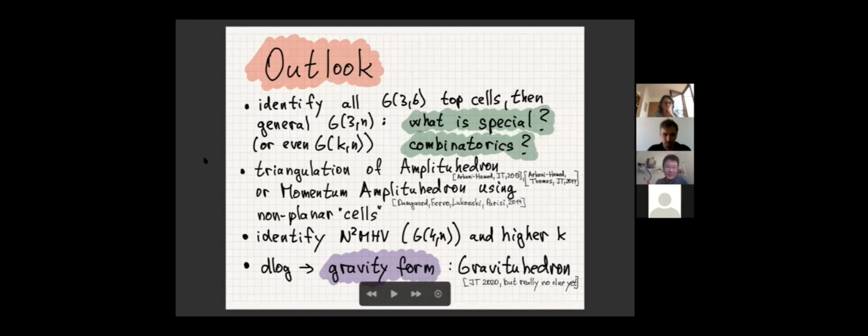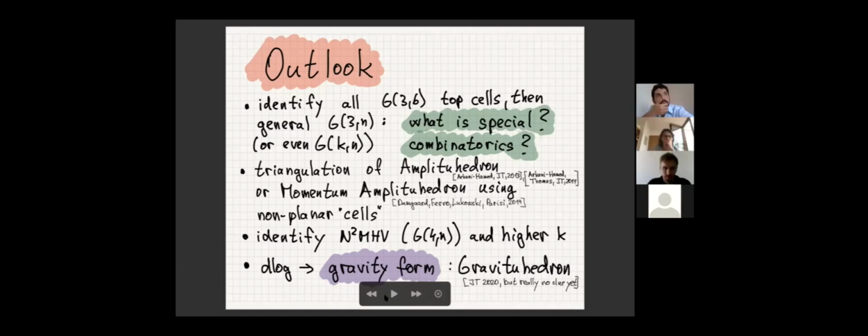Now these guys should also triangulate the amplituhedron, or the momentum amplituhedron, because BCFW recursion relation of course gives you the correct form for the amplitude. So they should correspond to some triangulation. I don't know in which space it will be more visible.